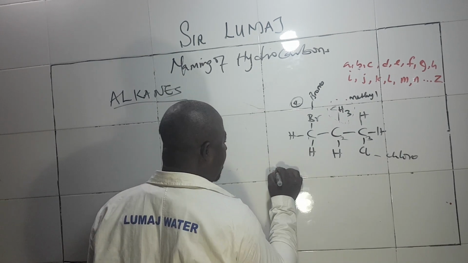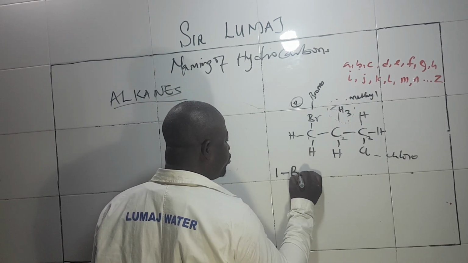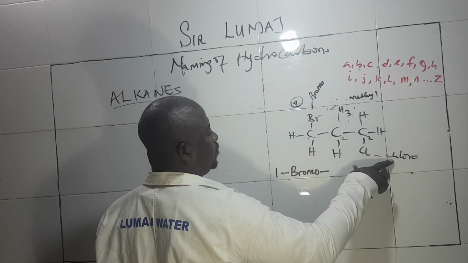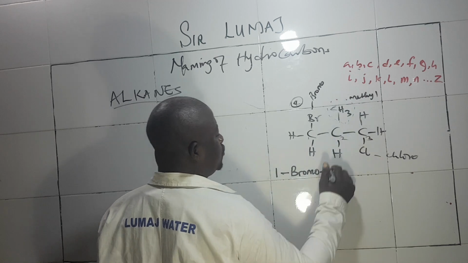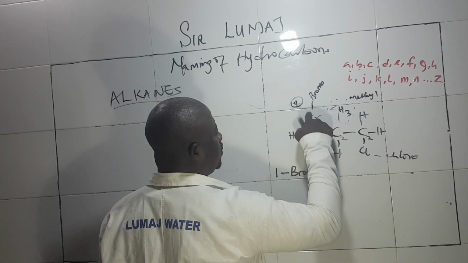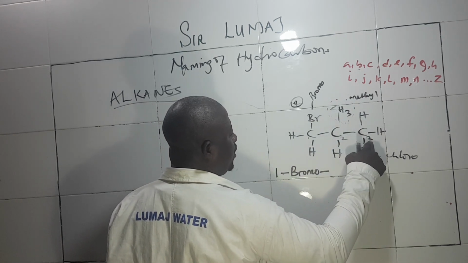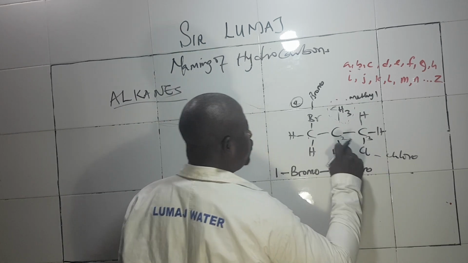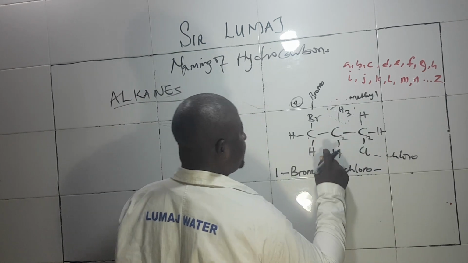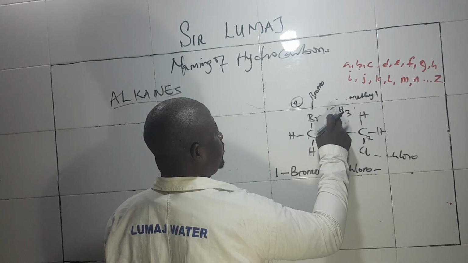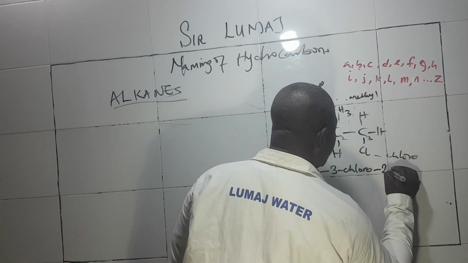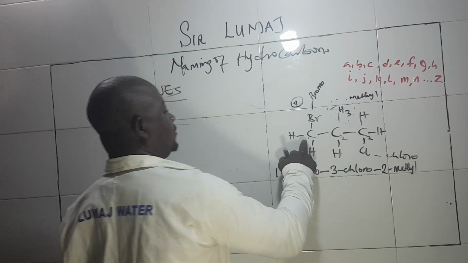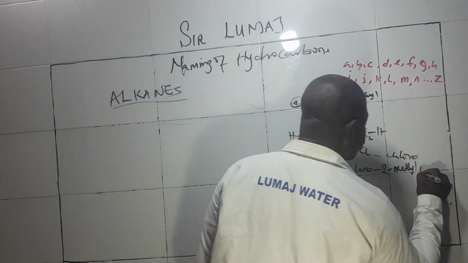So we have 1 bromo, followed by Cl. Cl is before M. 1 bromo, 3 chloro, 2 methyl, 1, 2, 3 propane.